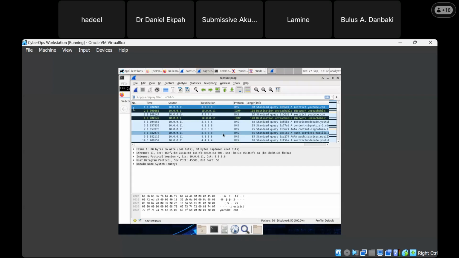Sorry, if I can speak here. Yeah, please go ahead. I think there is a very simple solution that I used when I did this lab. You can write the whole tcpdump command, but you don't write -c 50. It means that it will run tcpdump until we go to the browser and do everything we want, and then we come back to the command line and use Ctrl C to cancel the command.